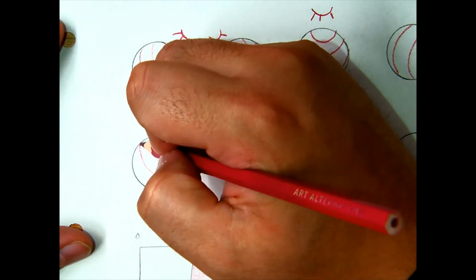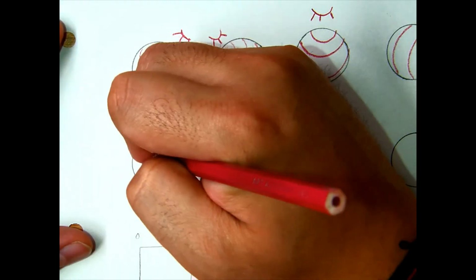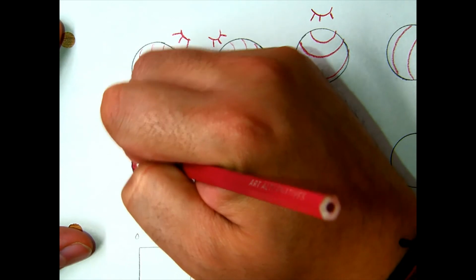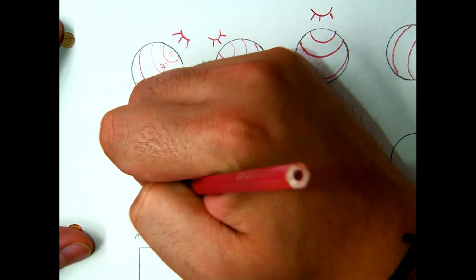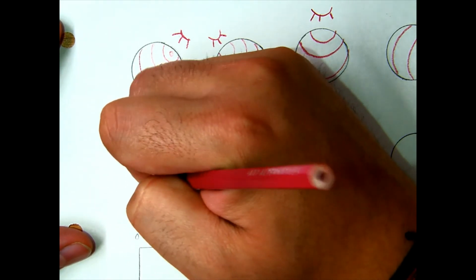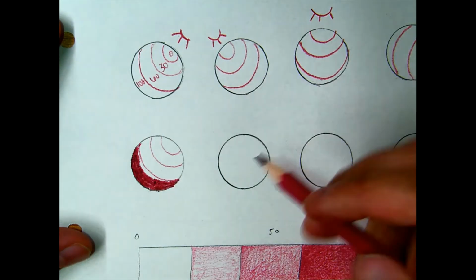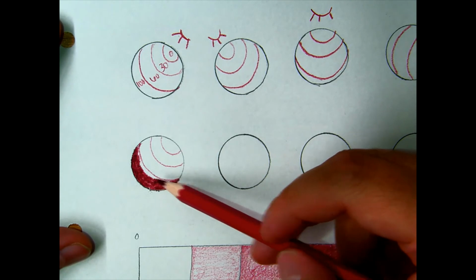So I can start with 100 because I know that that's my darkest value. So if I go 100, I'm going to apply some really good pressure to the area that needs to be 100. Okay? Now, I'm going to be cautious, and I'm not going to go all the way to the line.